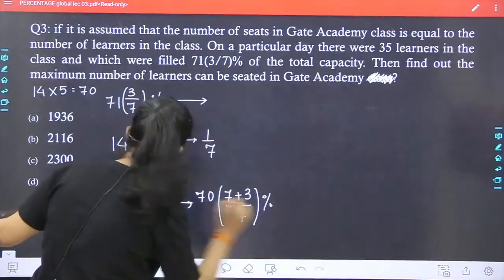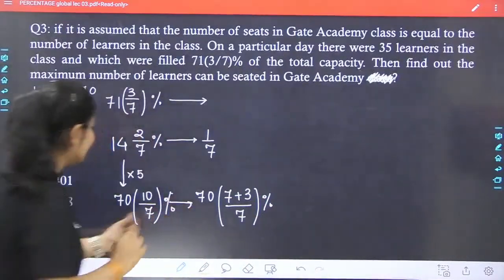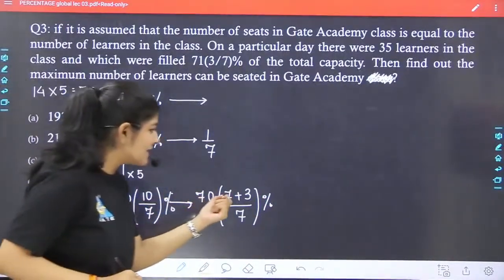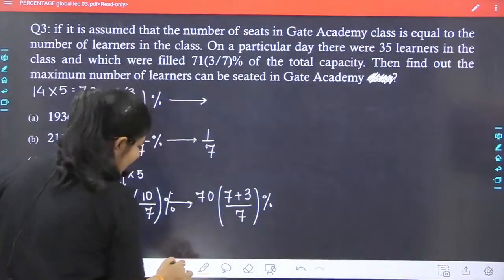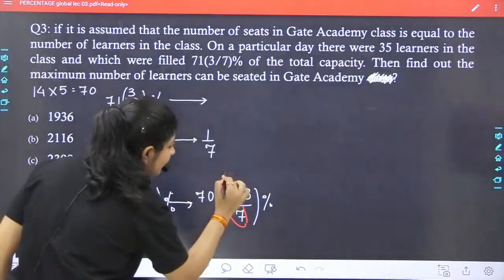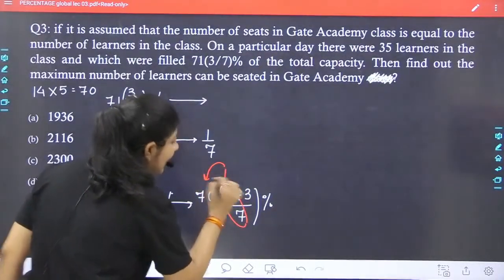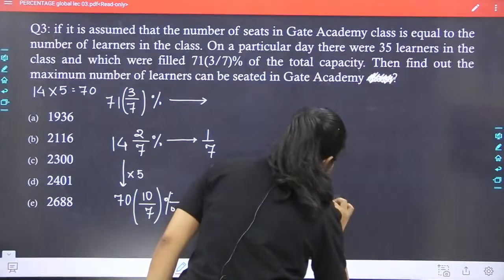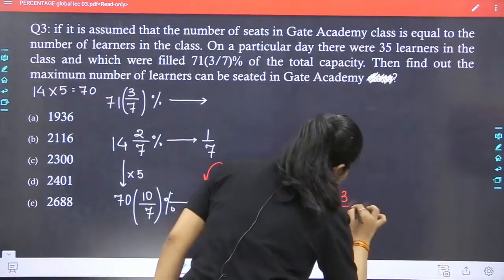I can also write 77 by 7 as 77 plus 3 by 7. This term will give me 1, which is shifted over here, and it turns into 71 3 by 7.